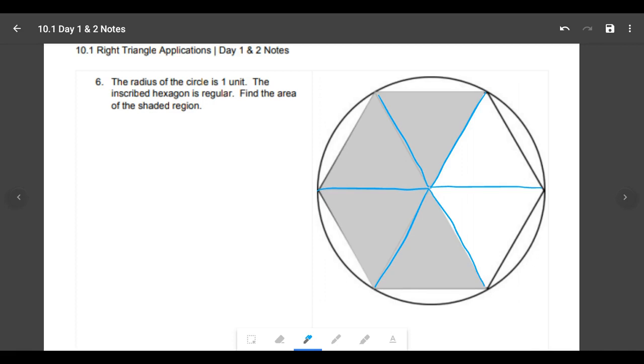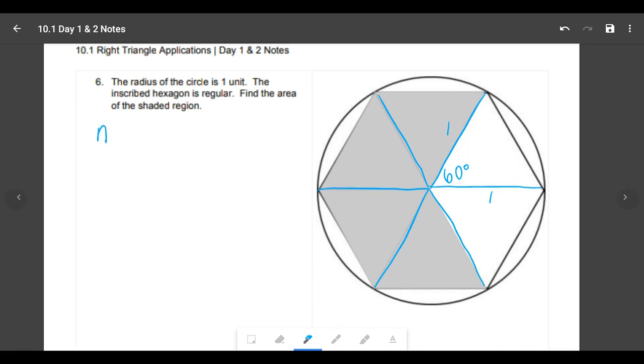And so what happens here is we end up getting that each of these interior angles are 60 degrees. And we were told that our circle has a radius of 1. So I know that those two sides are both 1. I'm going to recognize, oh, I have a side angle side triangle that I can find the area of.